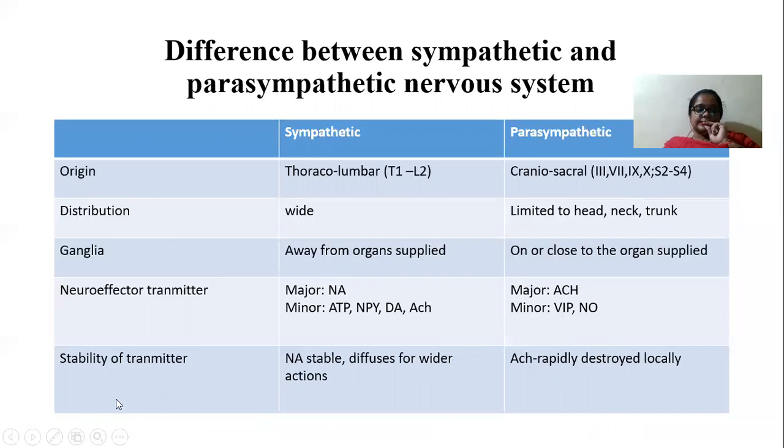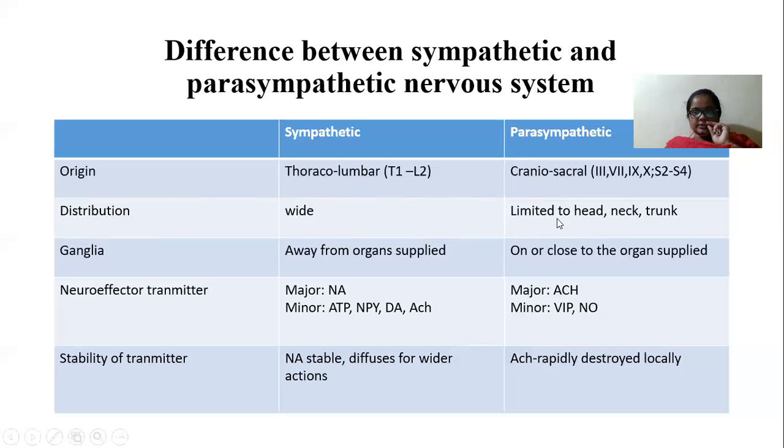Next, the stability of the transmitter. In the sympathetic nervous system, the transmitter is very stable, and it diffuses for wider actions. But in the parasympathetic nervous system, acetylcholine is destroyed very rapidly. So anatomically, there are major differences between the sympathetic and parasympathetic nervous systems. The origin is different. The distribution is very wide in sympathetic and very limited in parasympathetic.